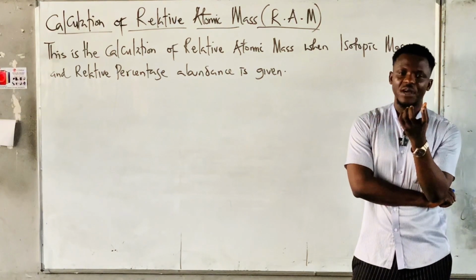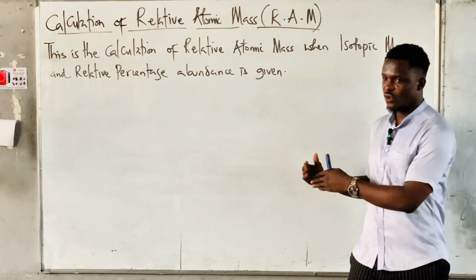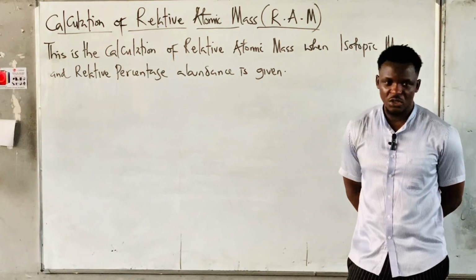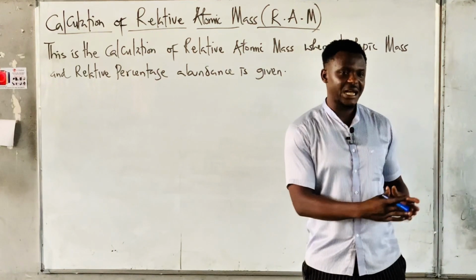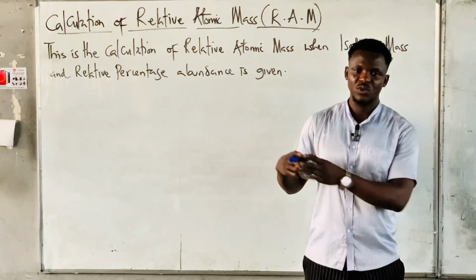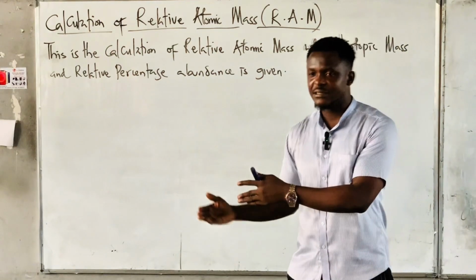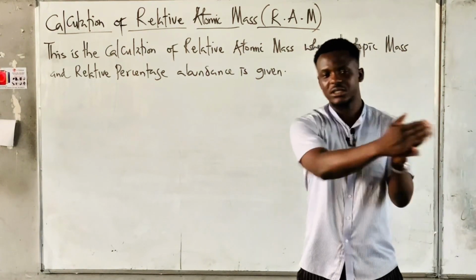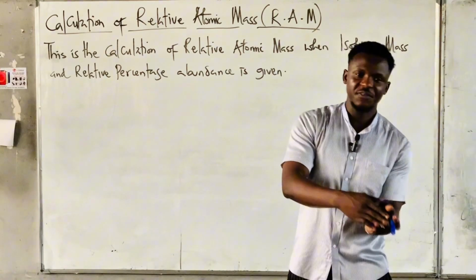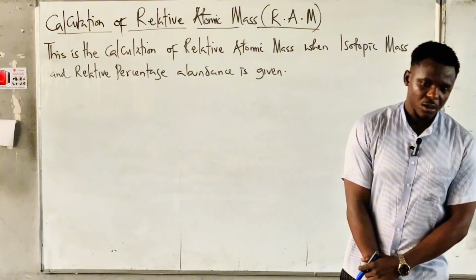So that 35.5 is obtained when we combine the mass of the first one and the mass of the second one, taking into consideration their percentage abundance. Because one of them occurs at 75%, one of them occurs at 25%. So the one that is occurring at 75% is more abundant than the 25%. So that is why the molar mass of chlorine tends towards 35, because the 35 is more in abundance than the 37.